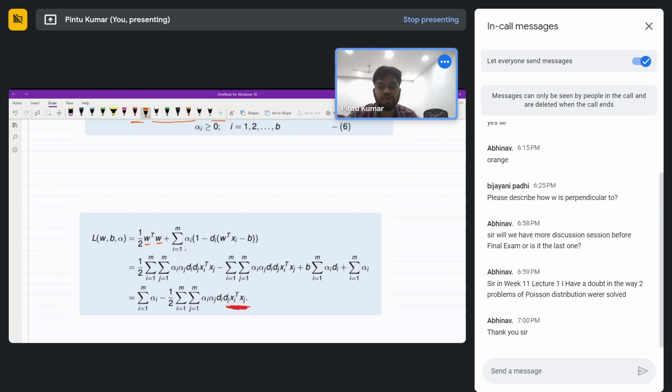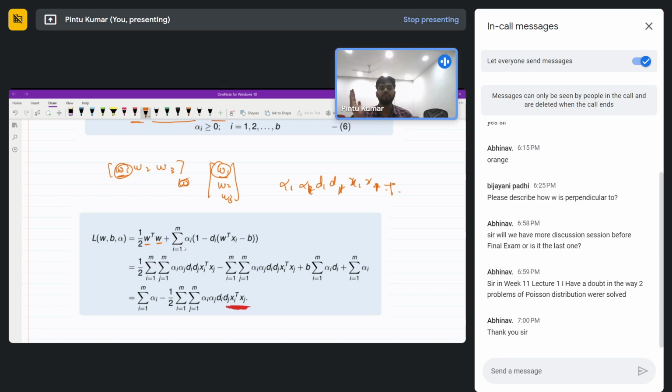So you get summation over two variables. Because when you take, let's say, this is W1, W2, W3, first W1 gets multiplied by W1. So that would induce alpha 1, alpha 1, D1, D1, everything 1 when you multiply W1 by W1.